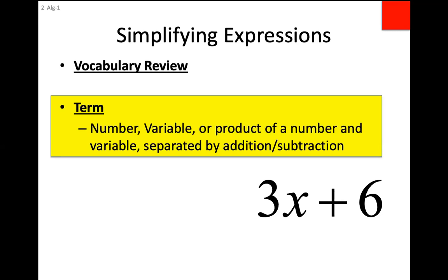So it says the product of a number and a variable that are separated by addition or subtraction. That's a whole lot of mess going on there. I will explain it. A term is a number, or a variable, or a product of a number and a variable that are separated by addition or subtraction.